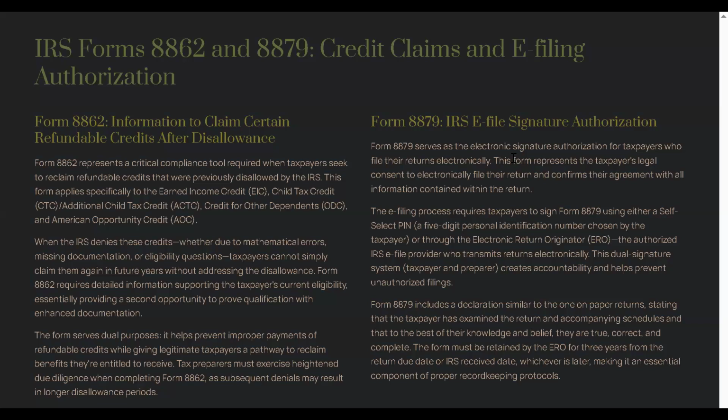Form 8879 includes a declaration similar to the one on a paper return stating that the taxpayer has examined the return and accompanying schedules, and to the best of their knowledge and belief, they are true, correct, and complete. The form must be retained by the ERO, which is the tax preparer, for 3 years from the return date or IRS receive date, whichever is later, making it an essential component of proper record keeping protocol.